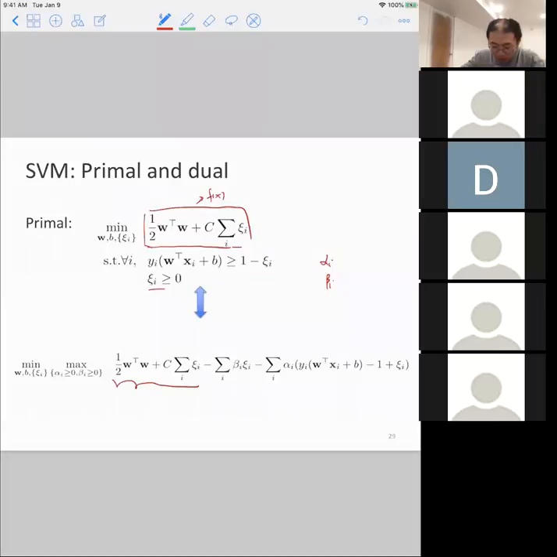So the question is why in our Lagrange function we have a negative sign here. Because the slack variable epsilon i is non-negative. Yes, exactly right. So we just follow the standard recipe.